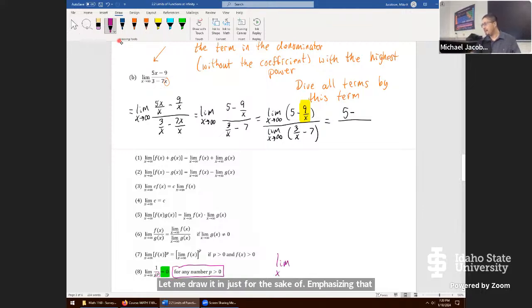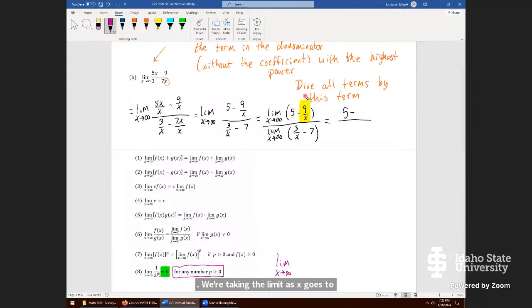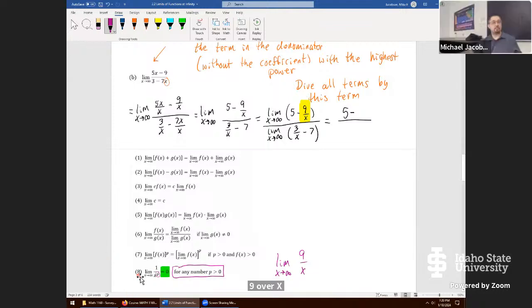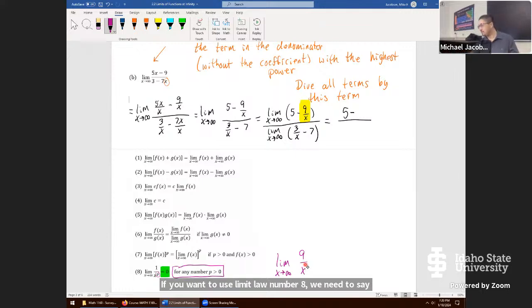We're taking the limit as x goes to infinity of 9 over x. If we want to use limit law number 8, we need to say what the power is on this x. But x is equal to x power 1, so there it is, the power is 1. That power is greater than 0, and so this whole thing is 0 in the limit.